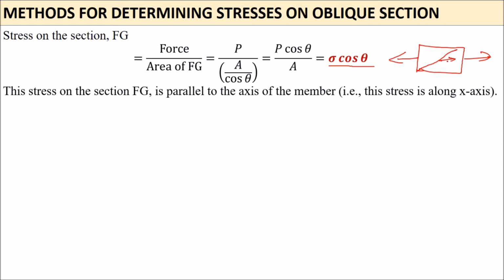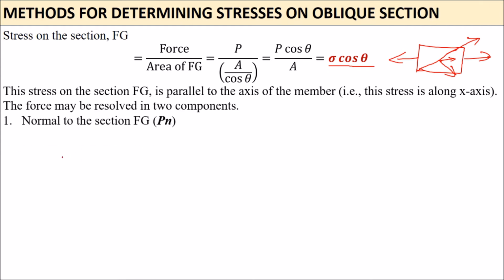For this stress, we need to find the stress in this section normal to the body and in the tangential direction also. So first we should divide this force into two parts, one along the normal axis and one along the tangential axis. Normal to section FG, Pn, and tangential to section FG, Pt.